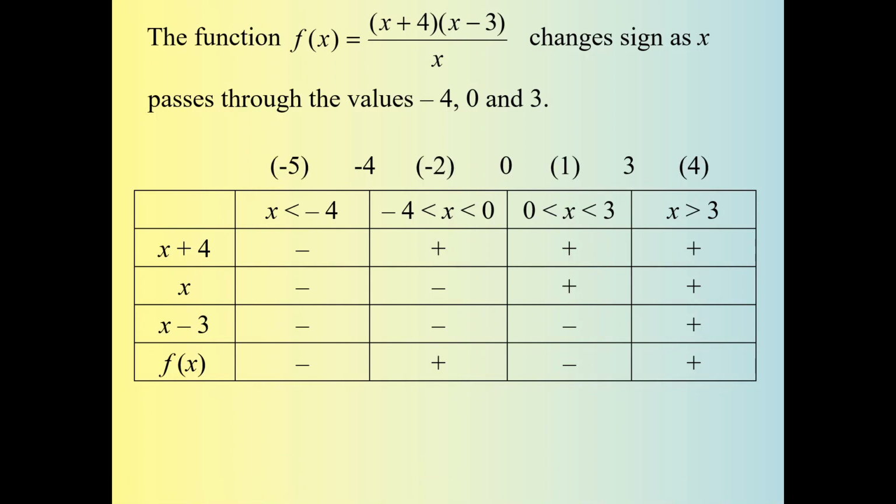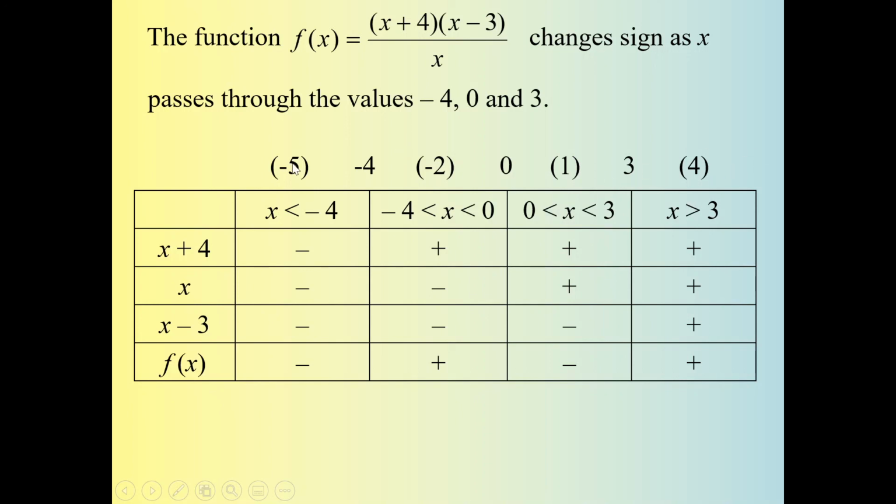Let us put any number in the intervals. Let's say -5 is a chosen number for this interval, -2 is a chosen number for this interval, 1 is the chosen number for this interval, and 4 for this interval.